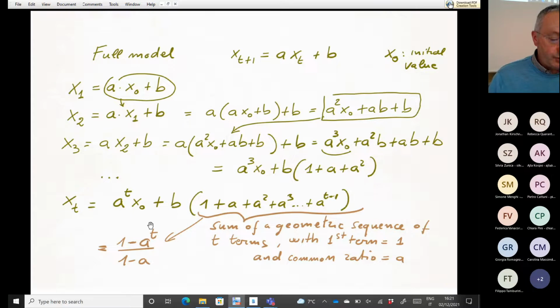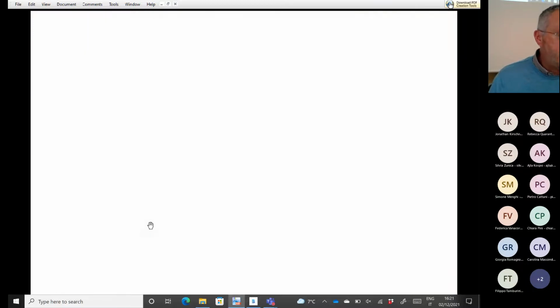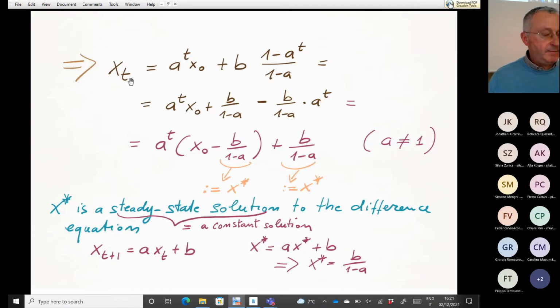So basically we have the solution formula, which is x at time t is x0 times a to the power of t plus b that multiplies the sum of that geometric sequence, 1 minus a to the power of t divided by 1 minus a. You can split this fraction in two parts, 1 over 1 minus a and minus a to the power of t over 1 minus a.